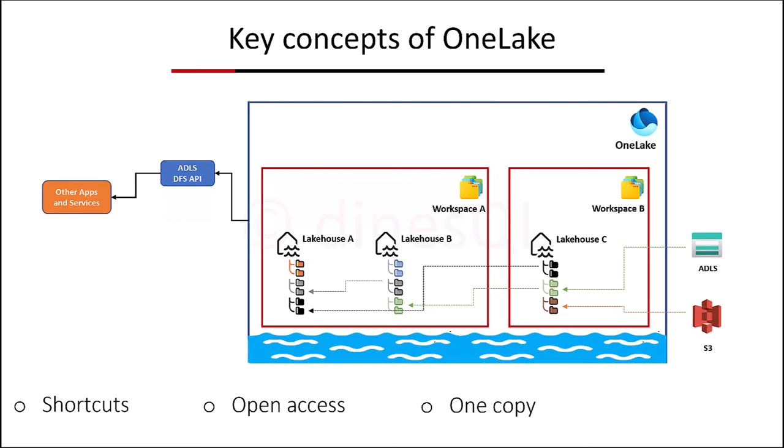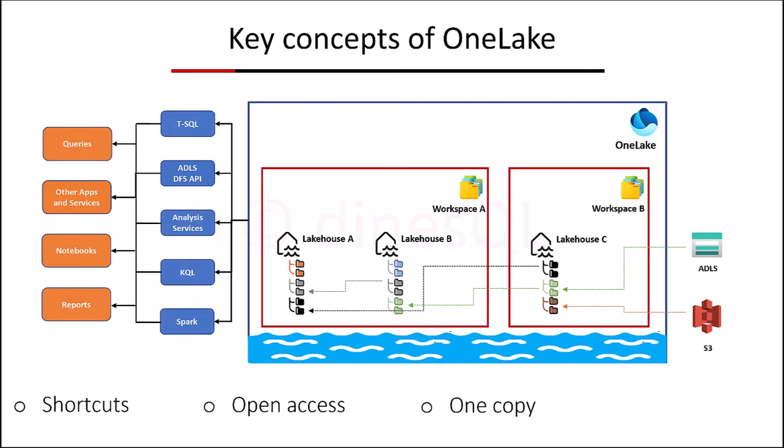But when it comes to OneLake, since its output is always in open data lake format, you can simply open the same copy for multiple processes. So whether you try to access through T-SQL or KQL or through some Spark code, using notebooks or Power BI reports or your own application, all of these can simply refer to the dataset you have.